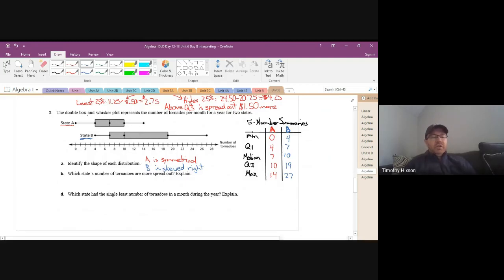Okay. Now, which state's number of tornadoes is more spread out? Well, clearly state B. And one way that you could explain this is that the range is 27 minus 4, which equals 23.